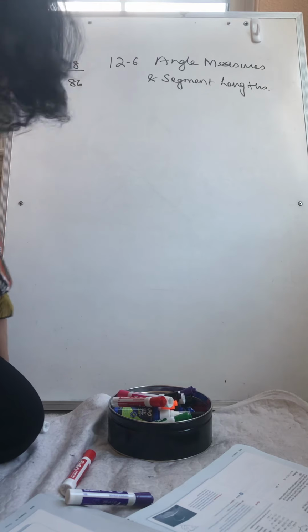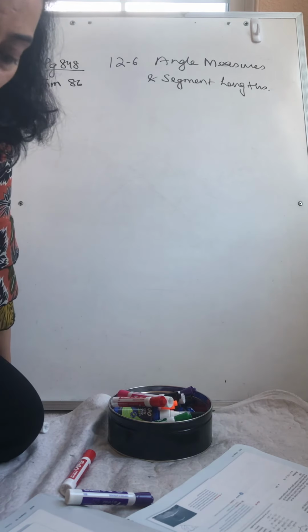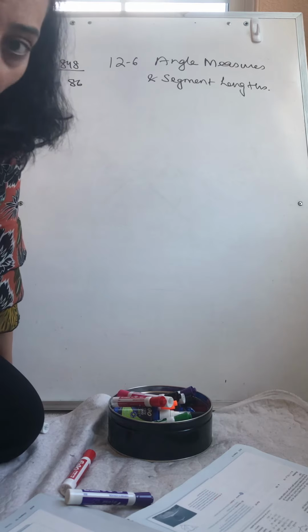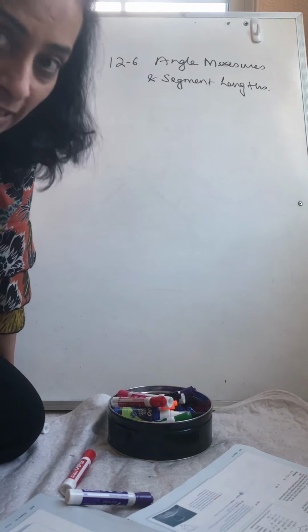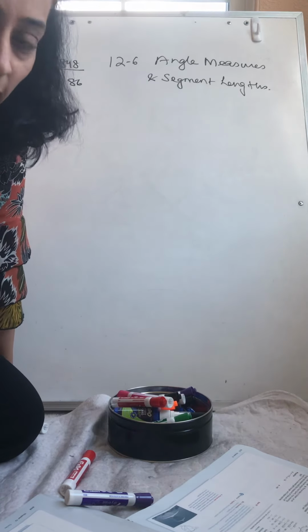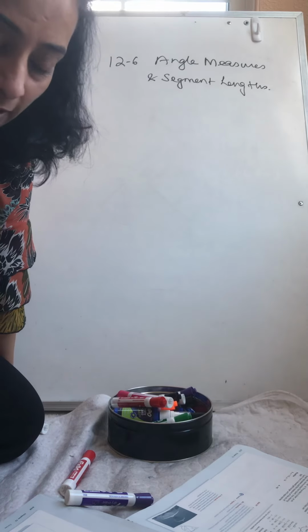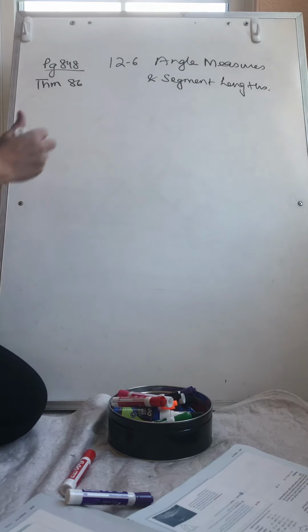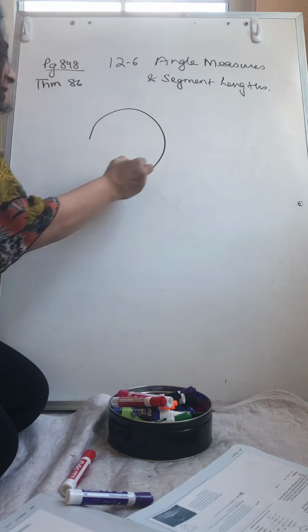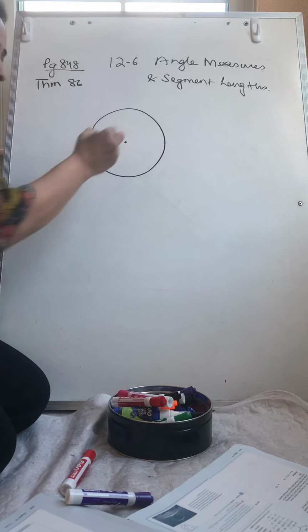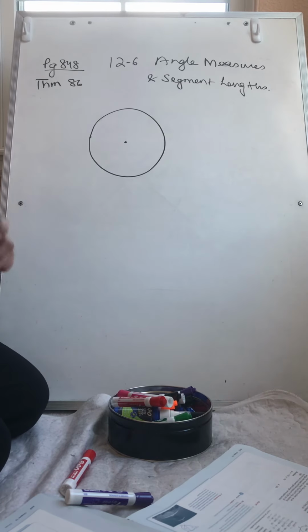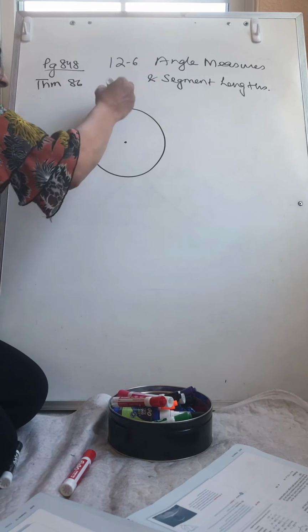Theorem 86 says the measure of an angle formed by two lines that intersect inside a circle is half the sum of the measures of the intercepted arcs. So let's read this again. We have a circle with a center. There are two lines which intersect, and the point of intersection is inside the circle.